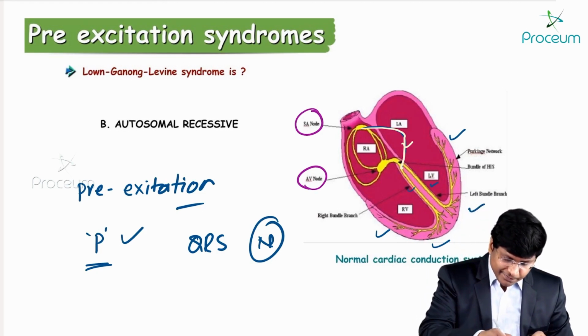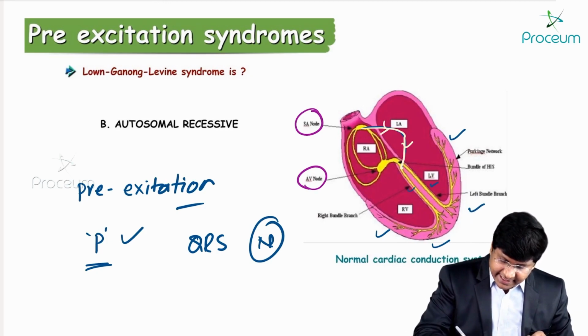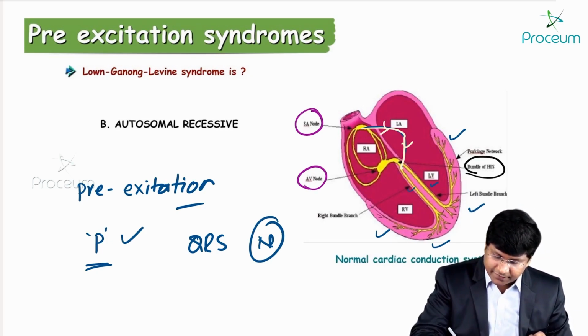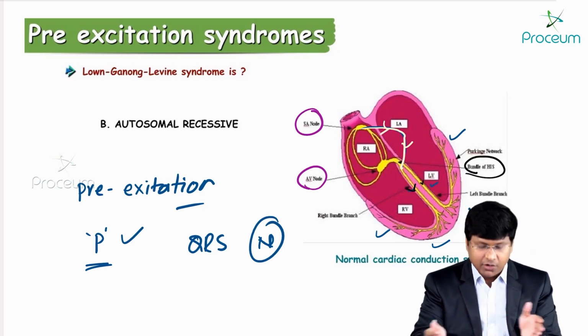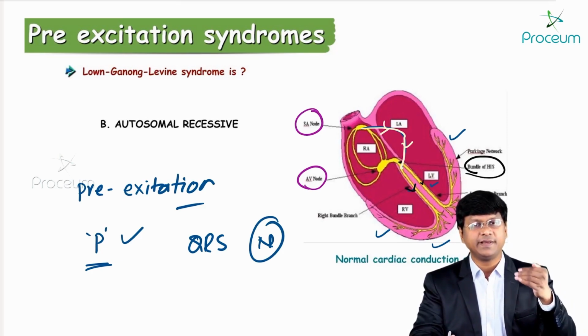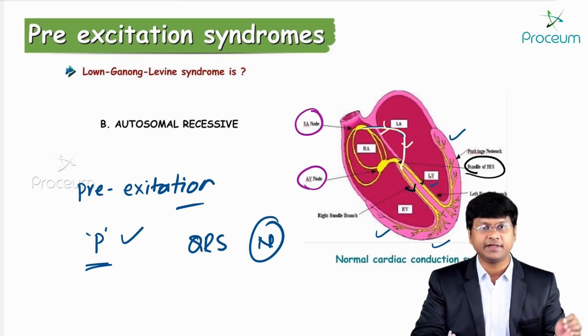Why? Because the accessory pathway is connecting to the bundle of His. So from the bundle of His, where will the impulse go? The impulse will go to the bundle branches, and accordingly the ventricle will depolarize. So the velocity of the conduction will be as usual, like what we have in a normal heart.